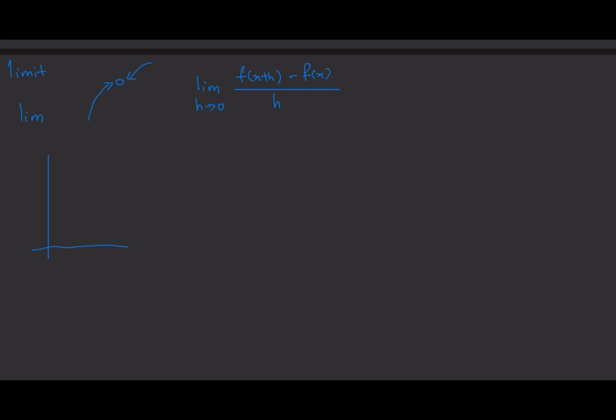Given we have the same xy graph again, let's call this point x, and this place x plus h, where this distance is h, right?